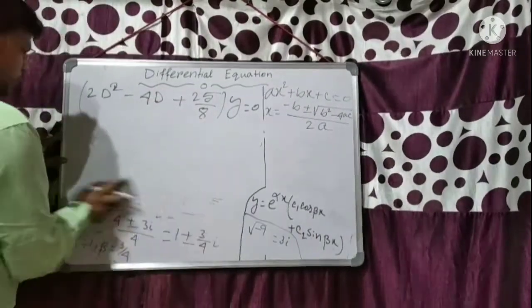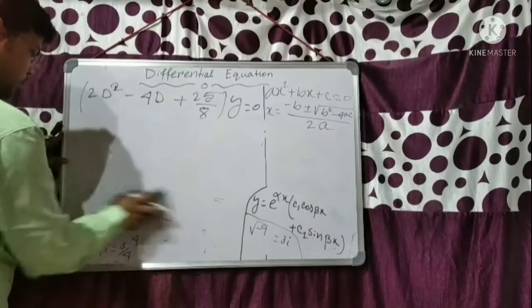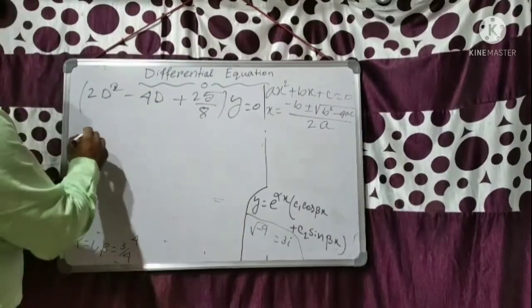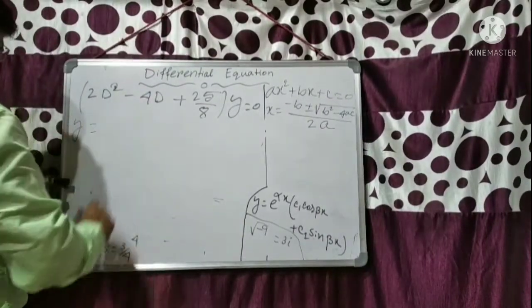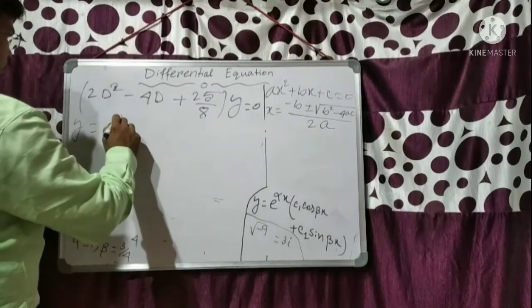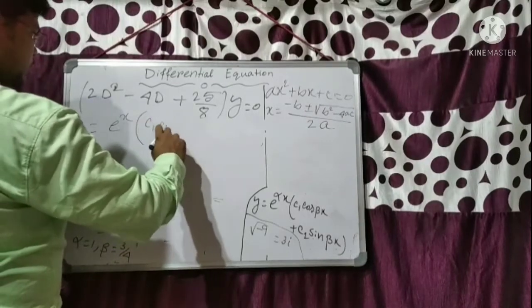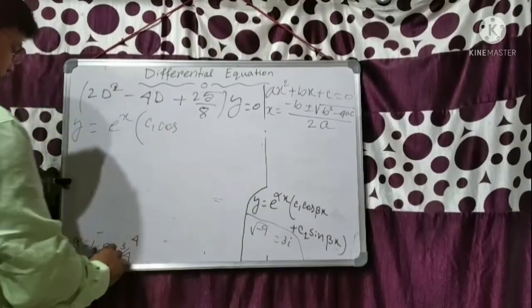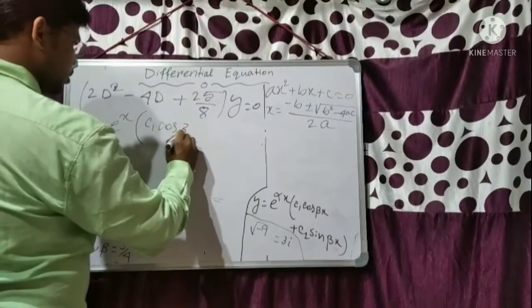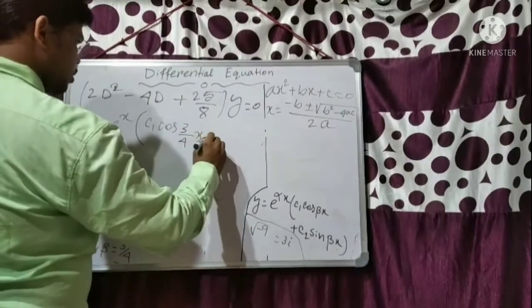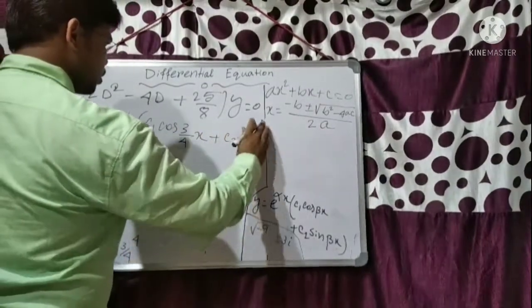So y equal to, value of alpha equal to 1, so e to the power x into c1 cos, beta means 3 by 4, so 3 by 4 x plus c2.